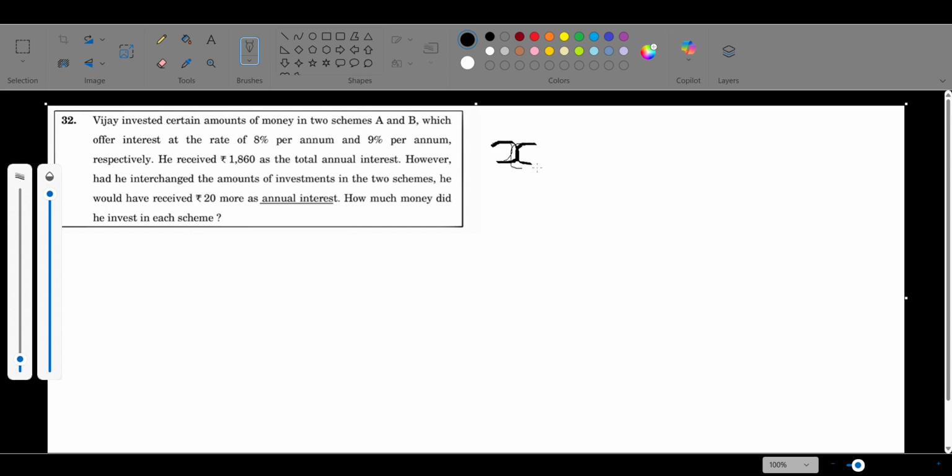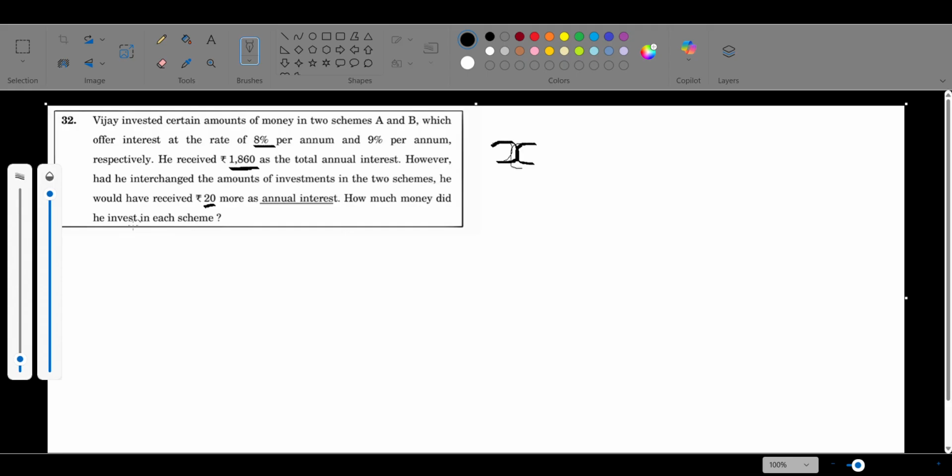In this X amount, at 8% per annum, he would get this much as profit, which means some amount he invested, and from 8% he got this much money, and at 9% he also gets this much money. But if he interchanges the percentages, 20 more will be added to this, and it will become 1080.